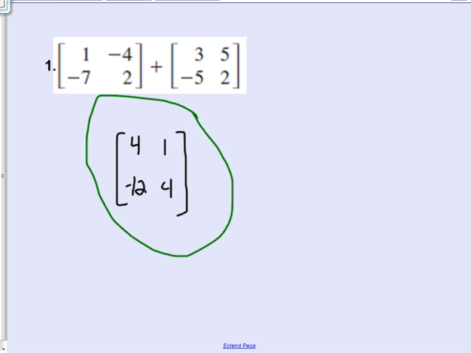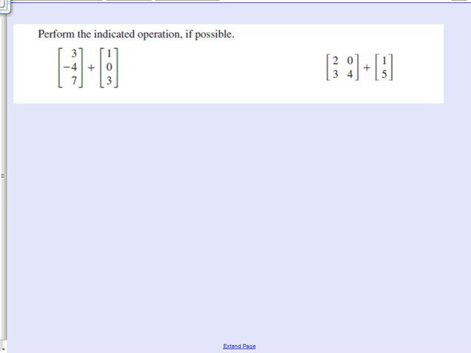Let's do another example. In this case, we're just going to solve, and this one is a lot more simple. This one just has one column in each matrix, so we can just jump from one to the other.